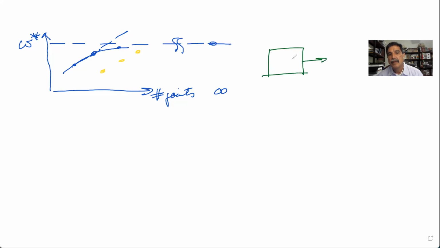I could have something like this. That's my first partition. My second partition could be something like this. My third partition could be something similar.